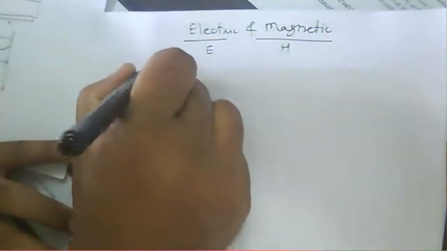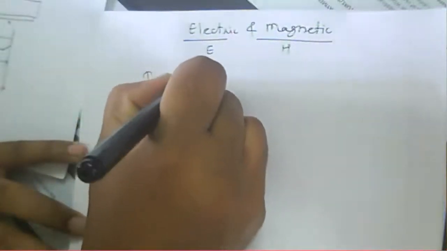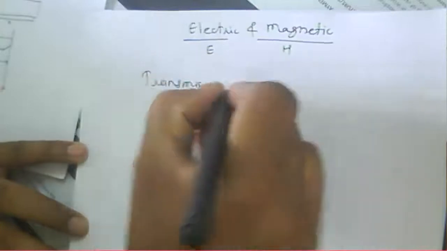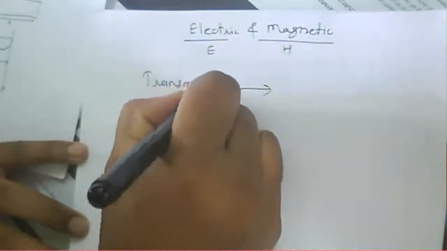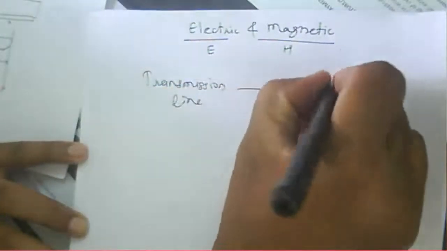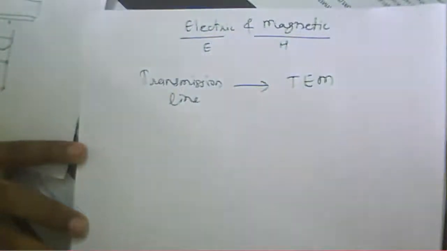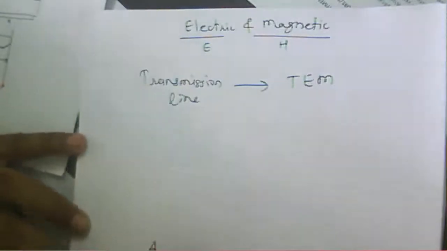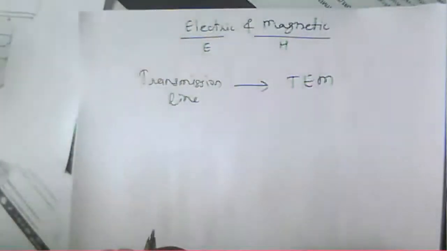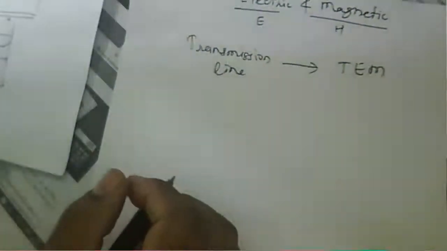For a transmission line, what happens? A transmission line propagates a TEM wave, transverse electromagnetic wave. But in a waveguide, the signal propagating through the guide has a tangential component, or you can say a transverse one.